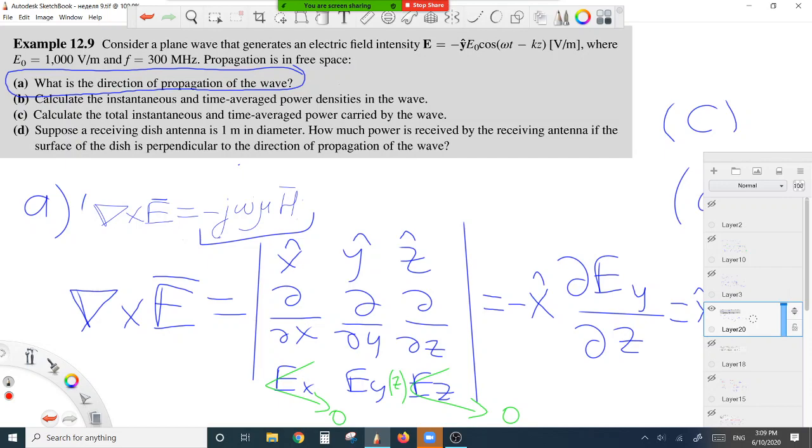We read that suppose a receiving dish antenna is 1 meter in diameter. How much power is received by the receiving antenna if the surface of the dish is perpendicular to the direction of propagation of the wave?